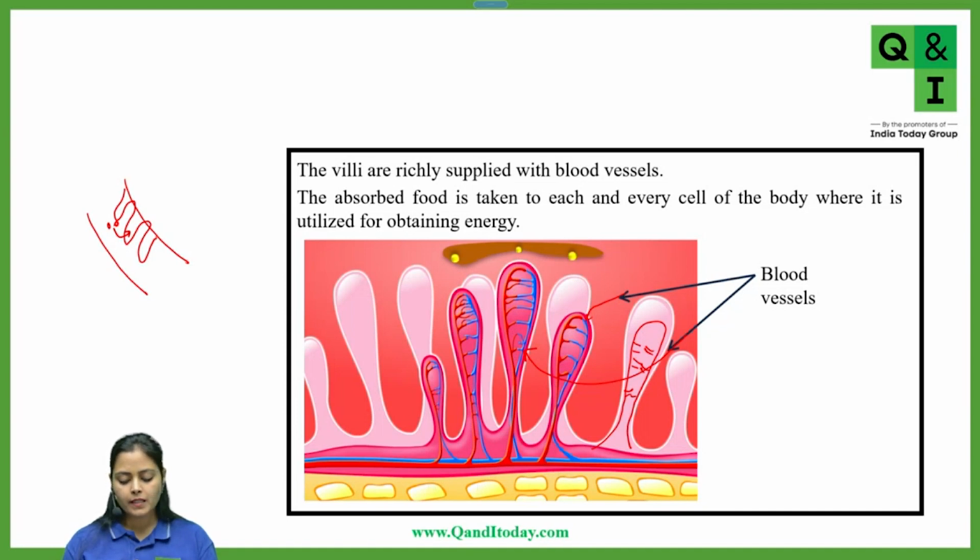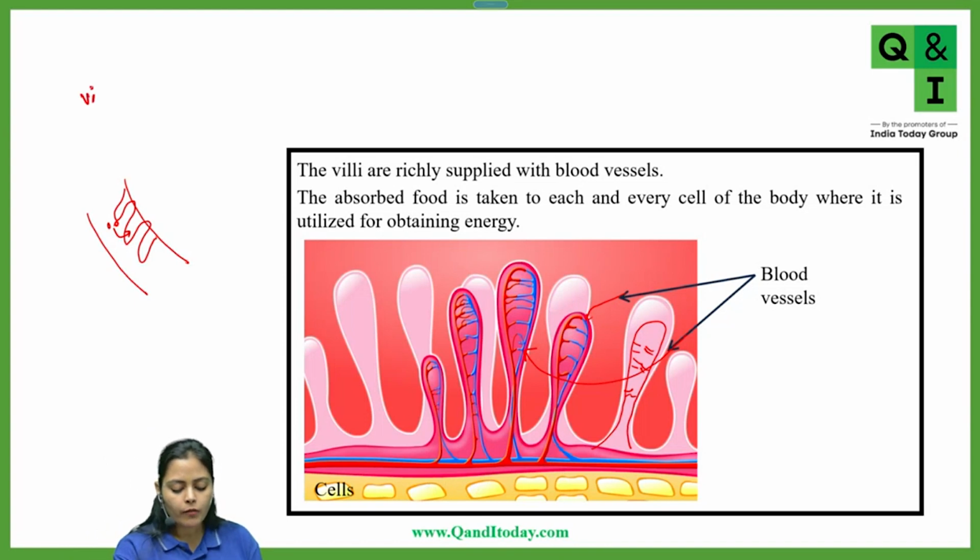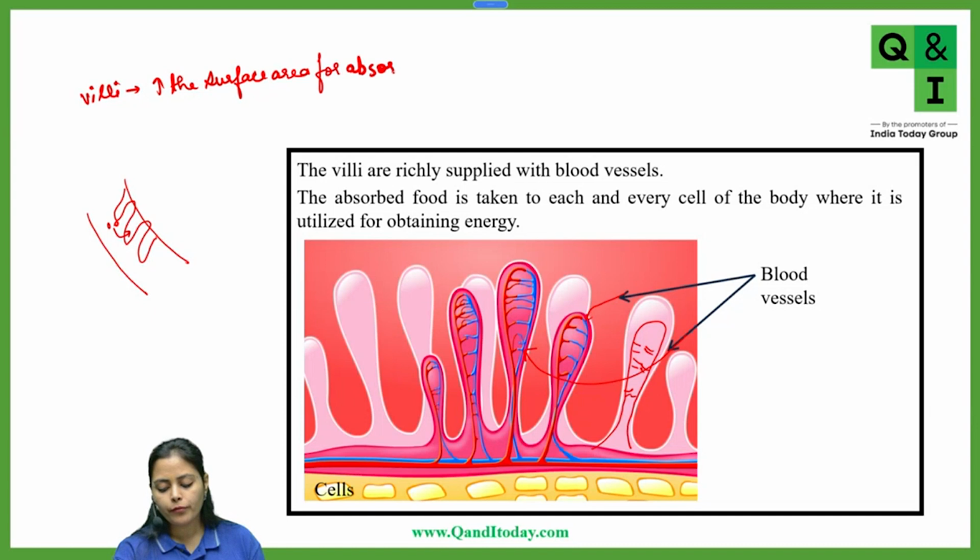So you can again see this animation. Through villi, these smaller nutrients are then absorbed into blood and finally they are being delivered to the cells of the body. So now villi do what? Villi basically increase the surface area for absorption of food.